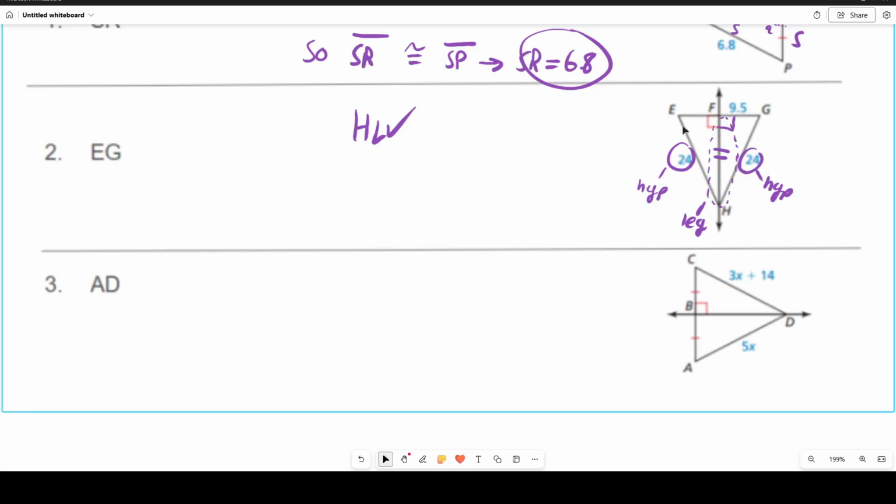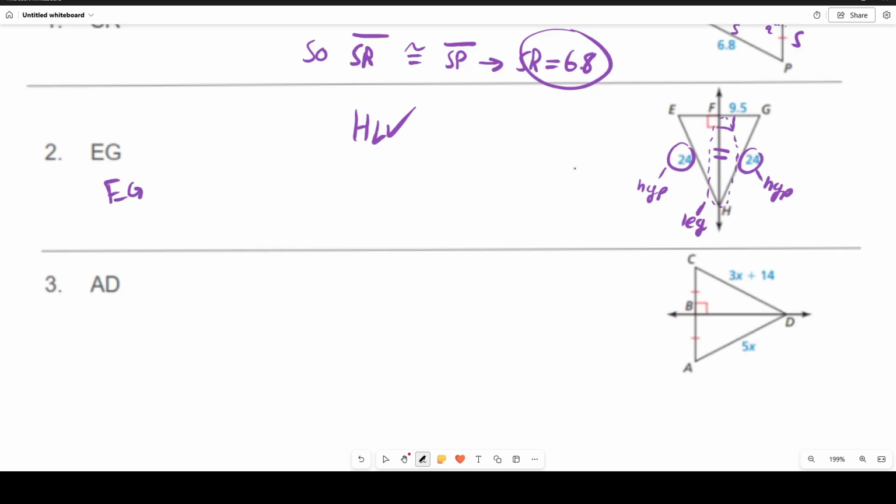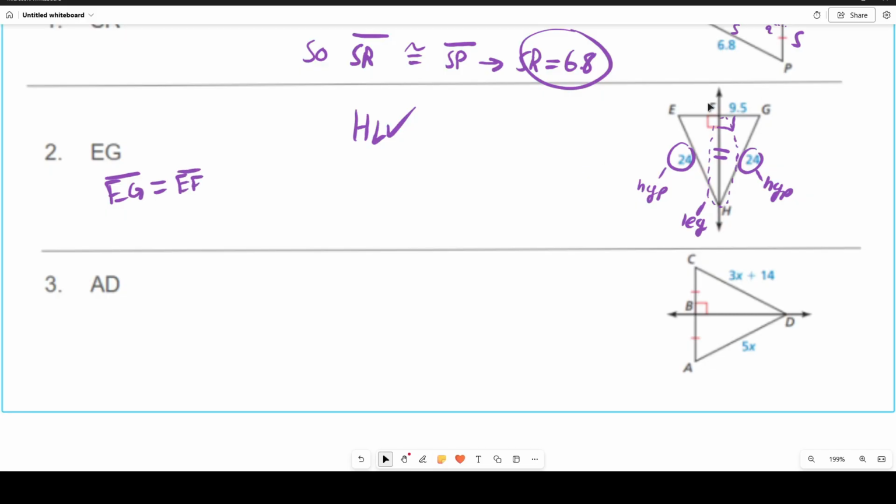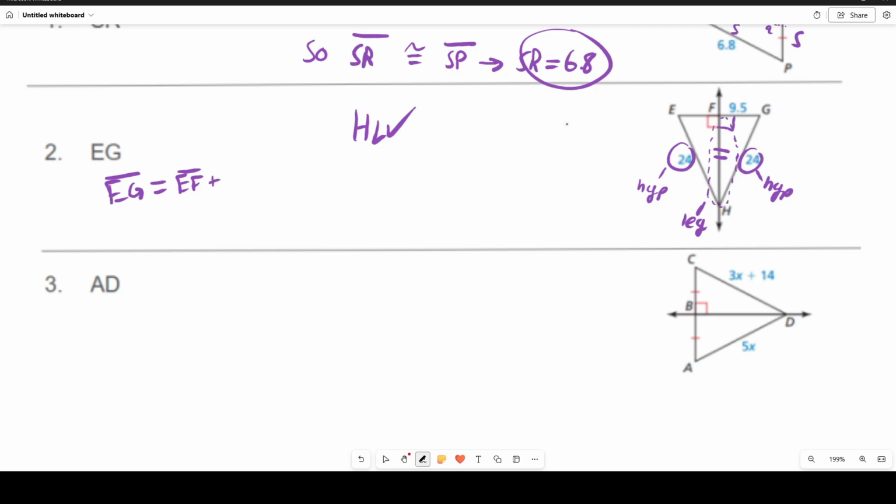Did we find EG? Well, no, EG is actually this whole length. Oh my goodness, EG is made up of two parts. It's made up of EF, this left-hand part here, and FG. So EF plus FG.